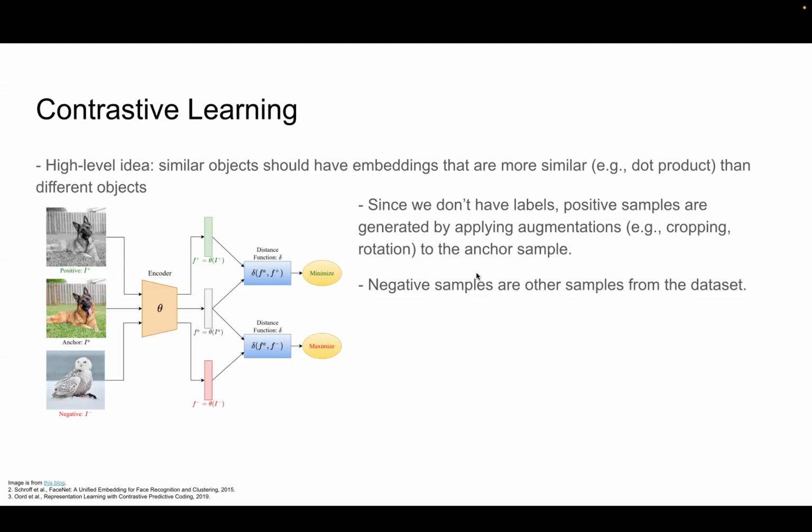And because we're dealing with unsupervised learning, we don't really have access to the original labels. So the positive samples can just be generated by applying some form of augmentation. For example, we can crop the image or do some rotation on the image. And negative samples are all the other samples from a data set or from the current batch.